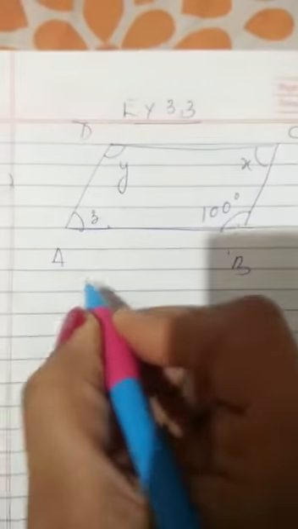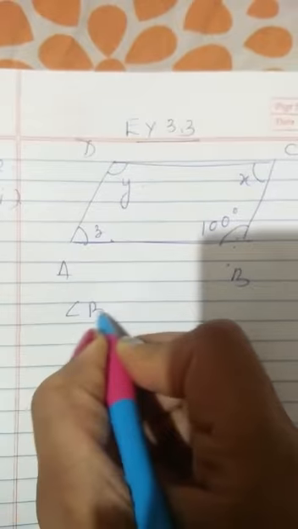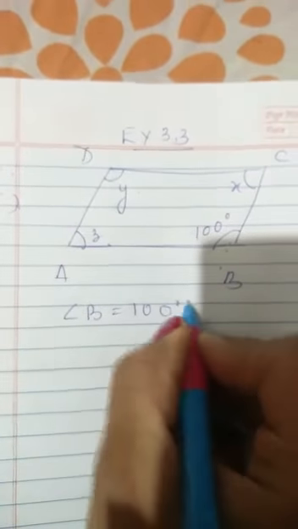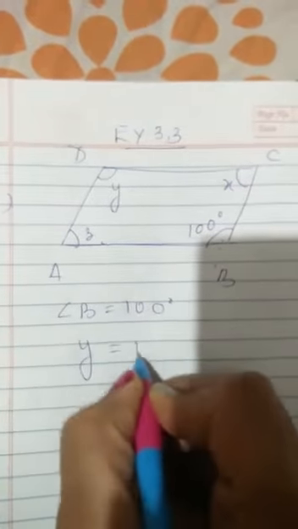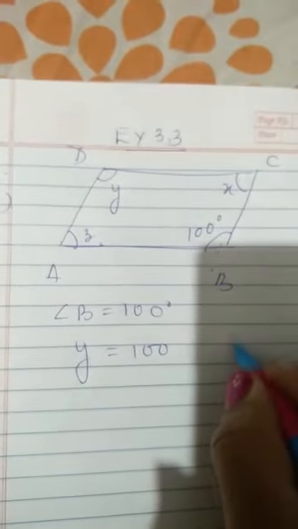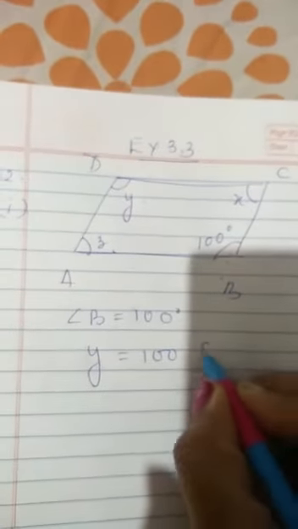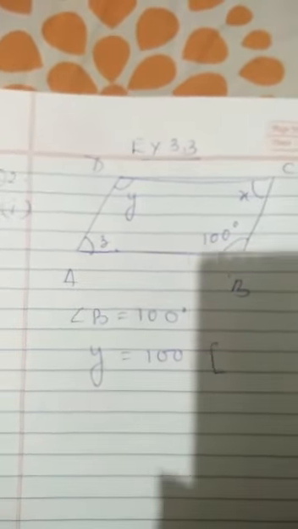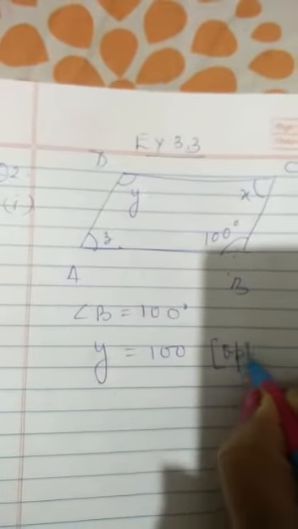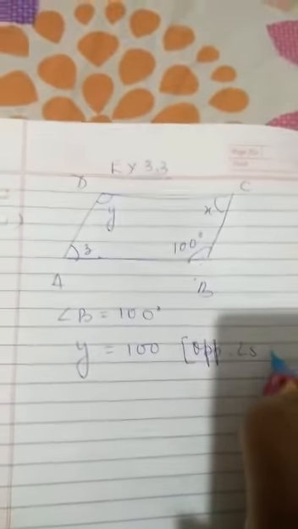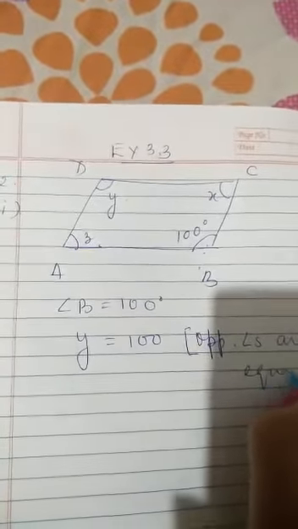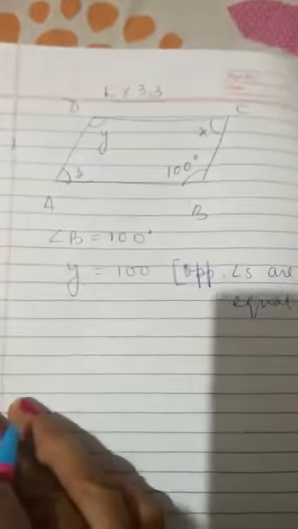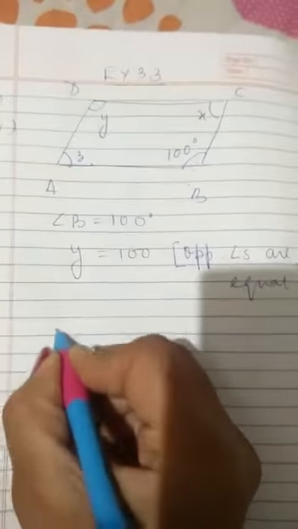So let's see. It is given that angle B is equal to 100 degrees. So angle y will also be equal to 100 degrees. The reason we will give is that opposite angles of a parallelogram are equal. Next, how much will x be?